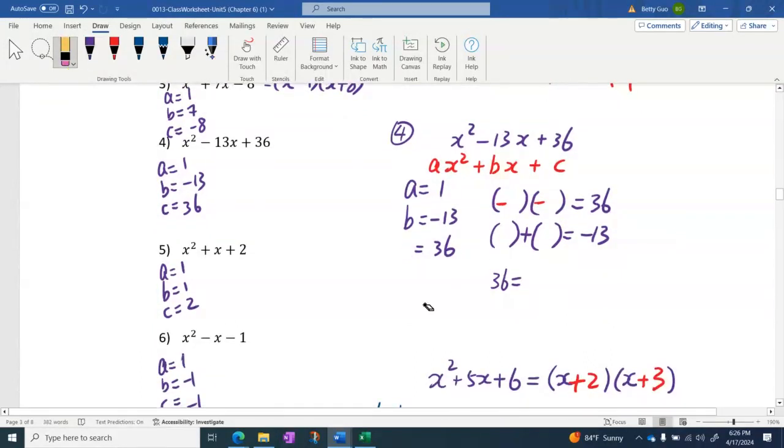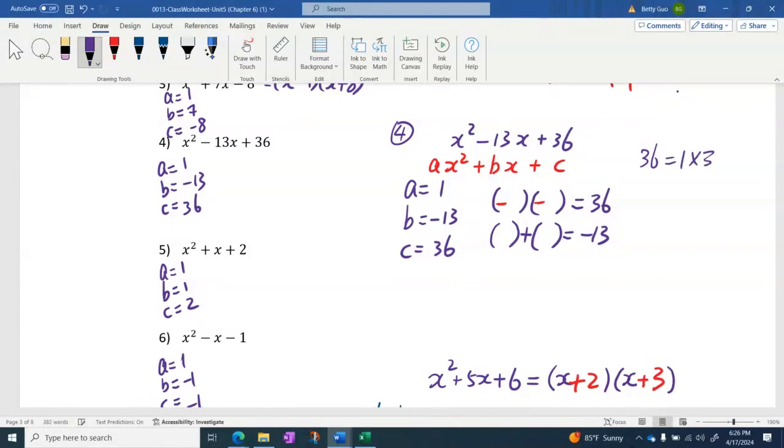I need more space, so I'm going to write this part on the side, 36. 36 could be 1 times 36. You can use your calculator if you feel like you're struggling with calculation. 36 equals 1 times 36.